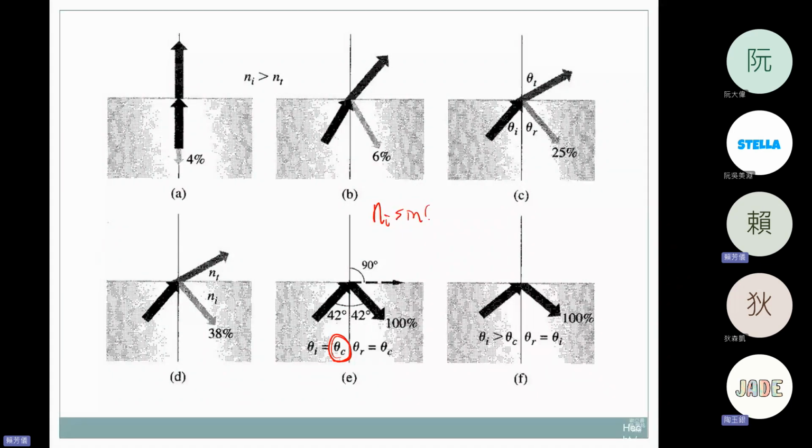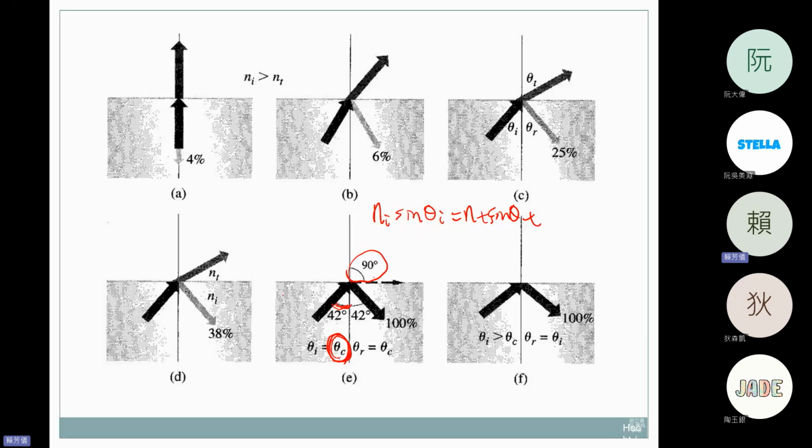We know this using Snell's law to calculate the critical angle: Ni sine theta i equals Nt sine theta t. When the transmission angle equals 90 degrees, the incident angle is what we call the critical angle.